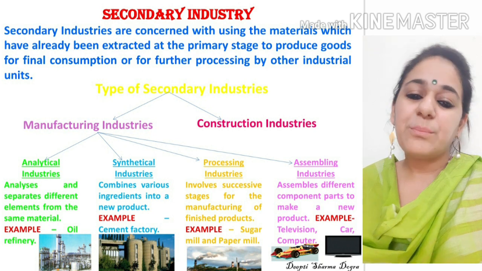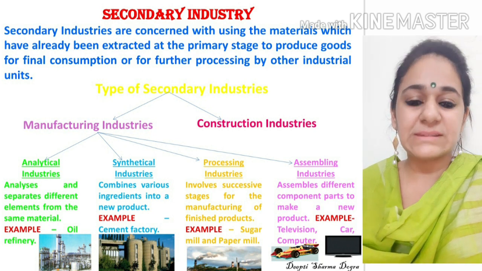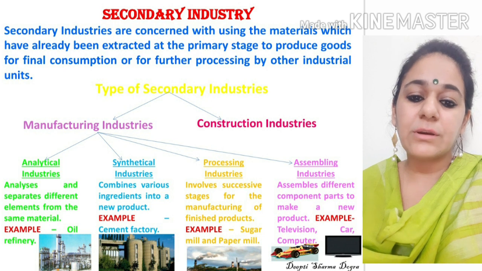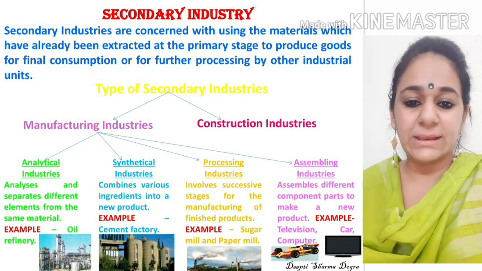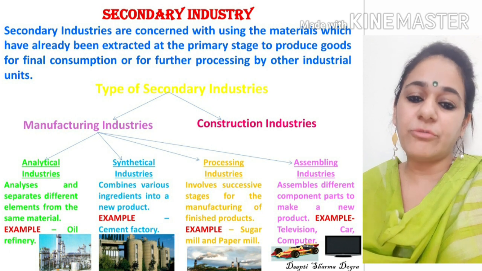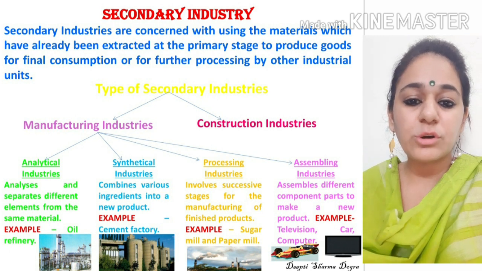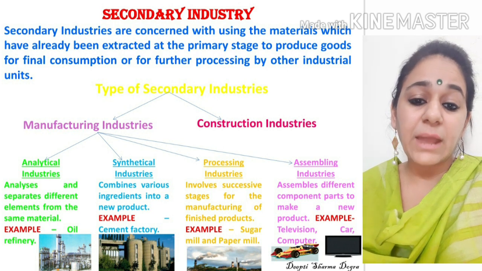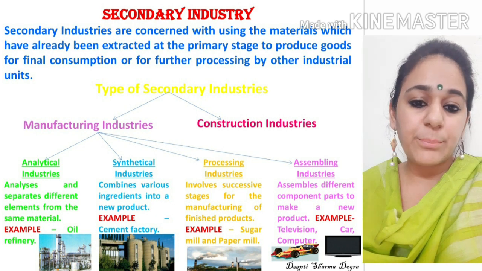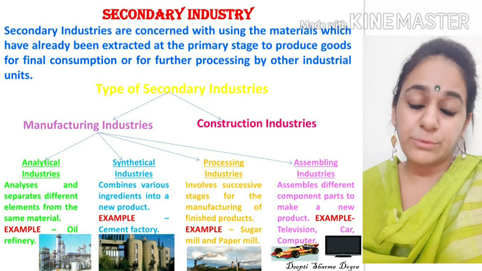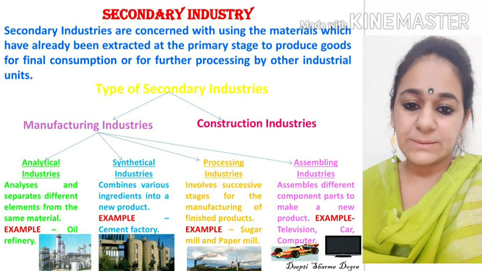Processing industry. Processing industry involves various successive stages to reach a final finished product. एक फाइनल कंजम्पशन फिनिश्ड प्रोडक्ट तक पहुंचने के लिए डिफरेंट प्रोसेस, डिफरेंट स्टेजेस, डिफरेंट स्टेप्स को फॉलो करना. फॉर एग्जांपल शुगर मिल एंड पेपर मिल. वुड पल्प, प्लांट फाइबर कैन बी यूज्ड टू मैन्युफैक्चर पेपर, and nowadays cloth has also been used to manufacture paper just to improve its quality.